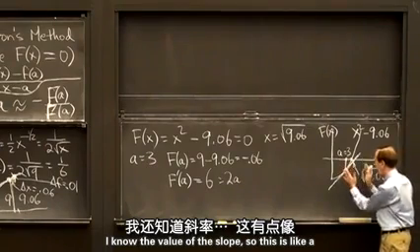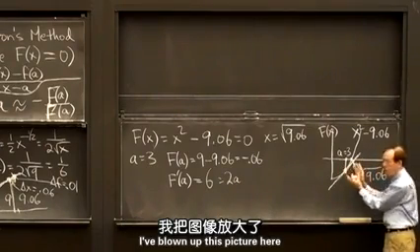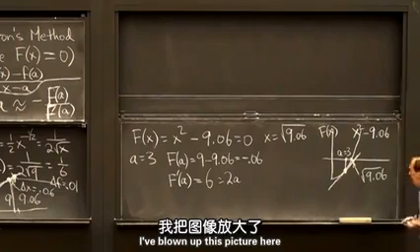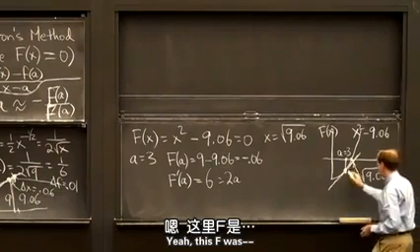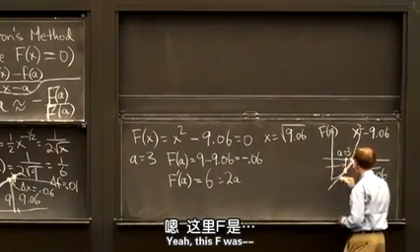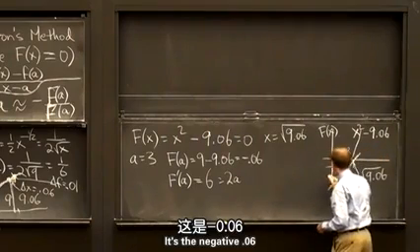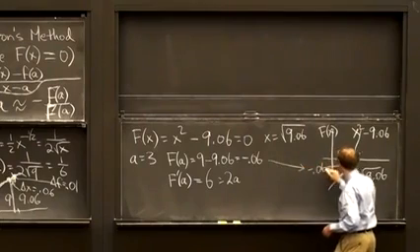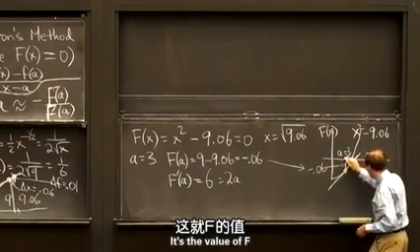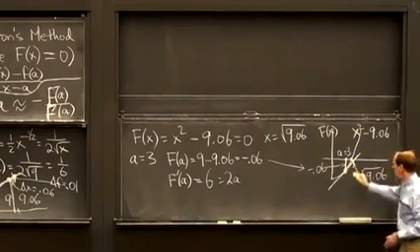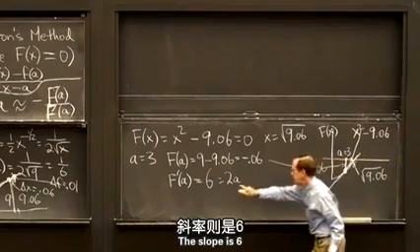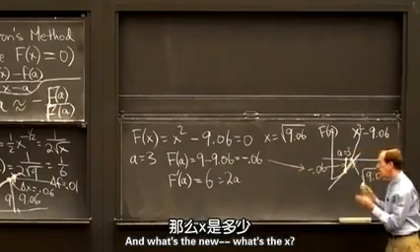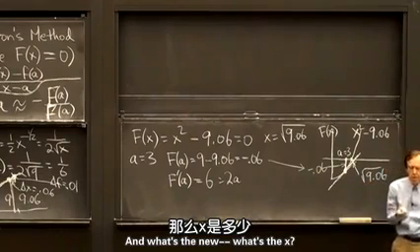I've blown up this picture here. This f is the negative 0.06, the value of f. The slope is 6, and what's the x?